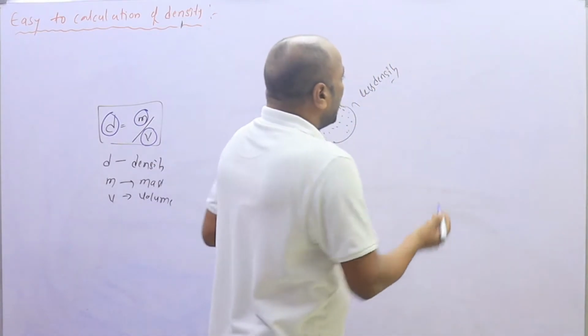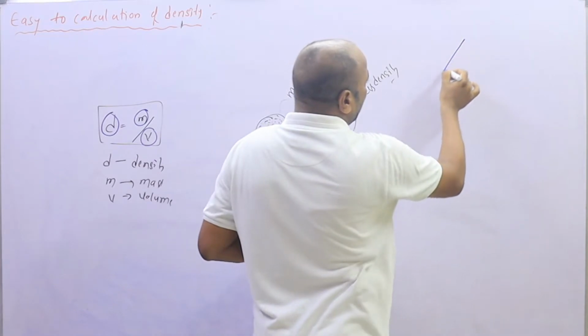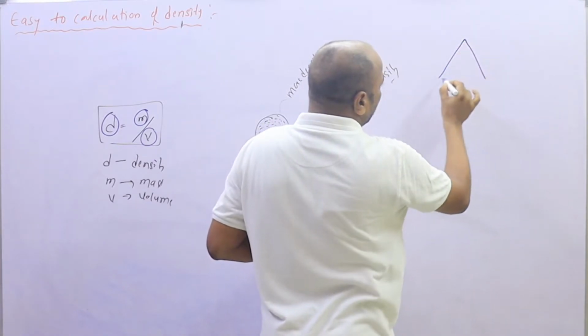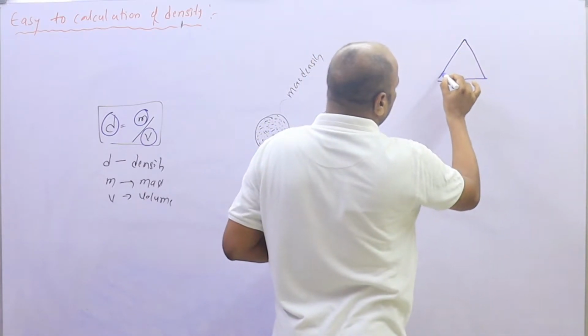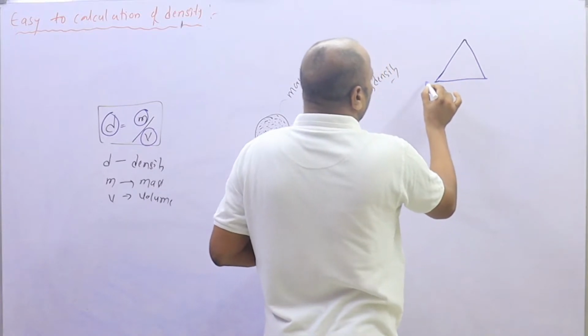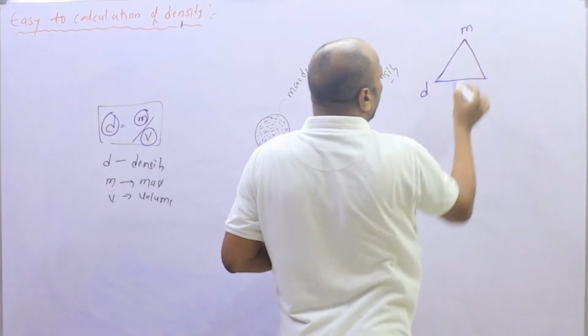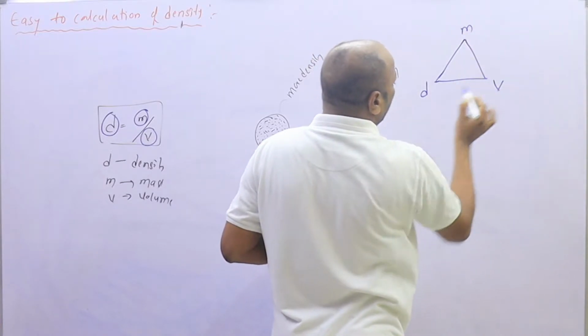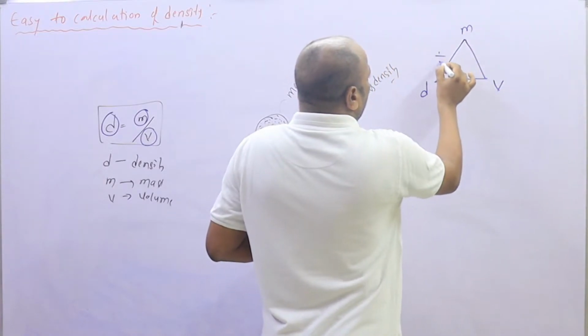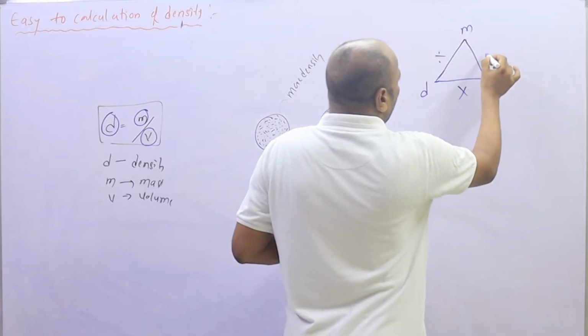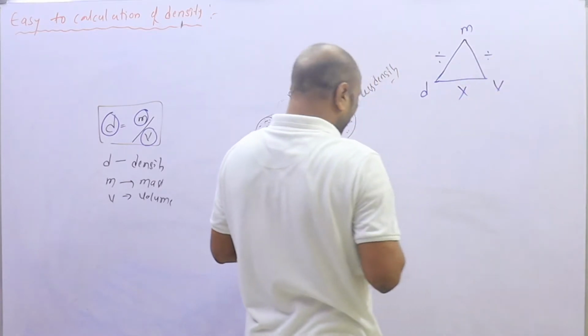So observe here, it is a triangle with D for density, m for mass and v for volume. Keep this diagram in your mind.